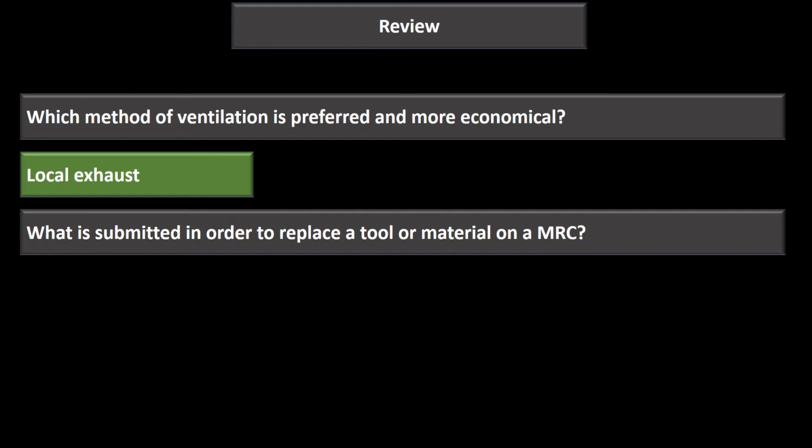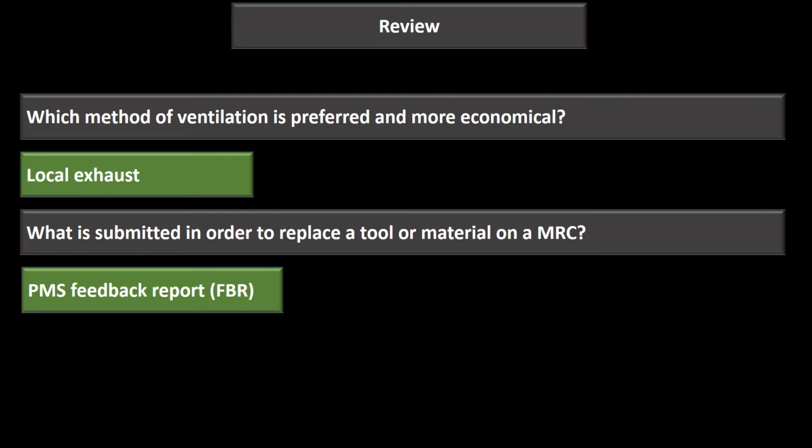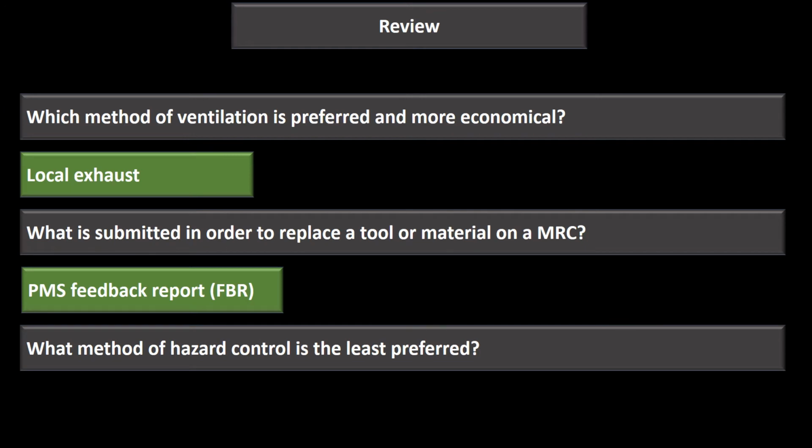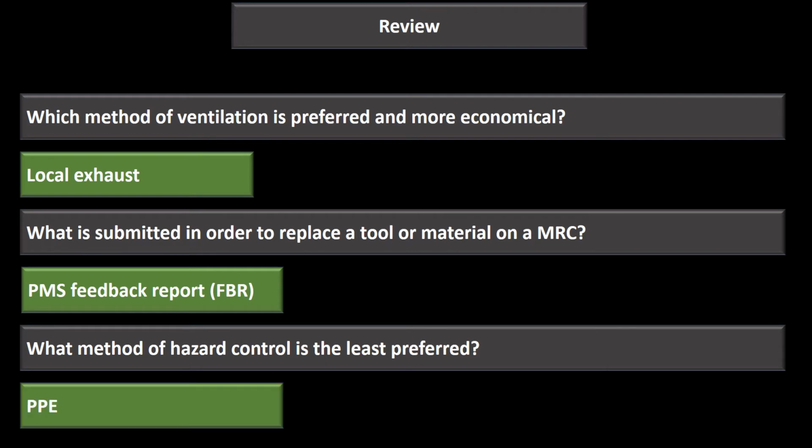It's a step-by-step procedure, lists the tools, lists the safety considerations. So if we want to replace a tool or any kind of material on that, we've got to do a planned maintenance system feedback report, a PMS FBR. What method of hazard control is the least preferred? Well, that's PPE. And again, user error, training, all that stuff that plays into it.